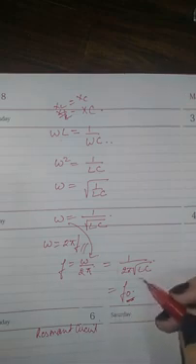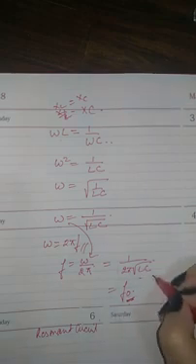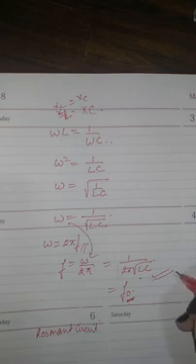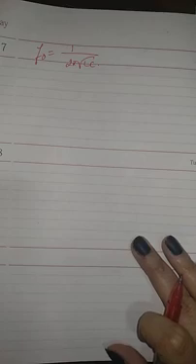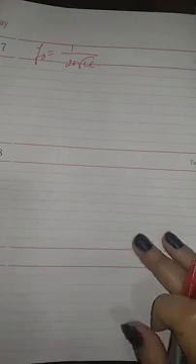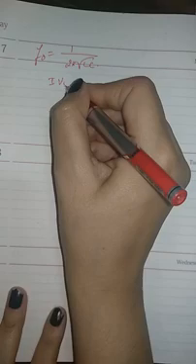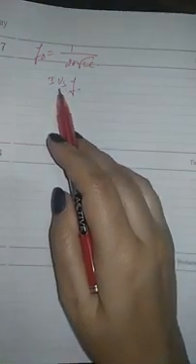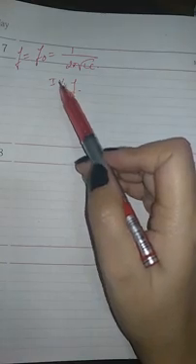Now with this equation of frequency, we will draw the graph. The first graph will be of I versus F, that is current versus frequency. When the frequency of the circuit becomes equal to the natural frequency, that is F0, at that point the current will be maximum.